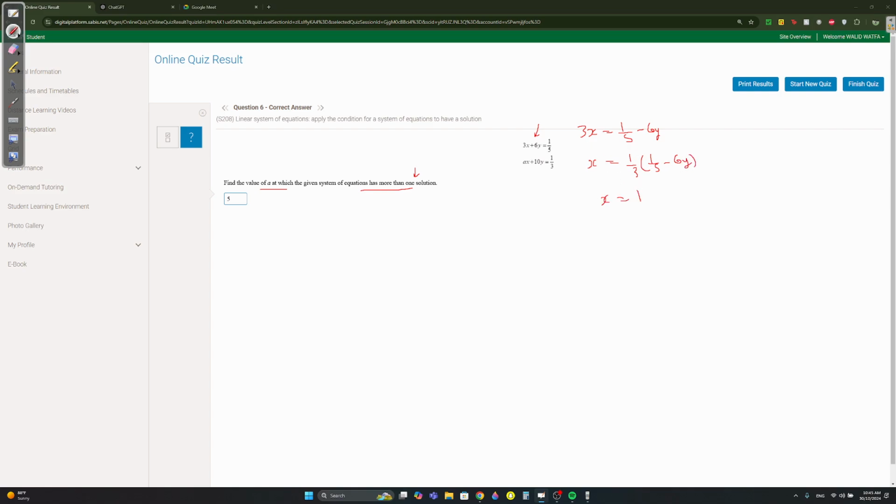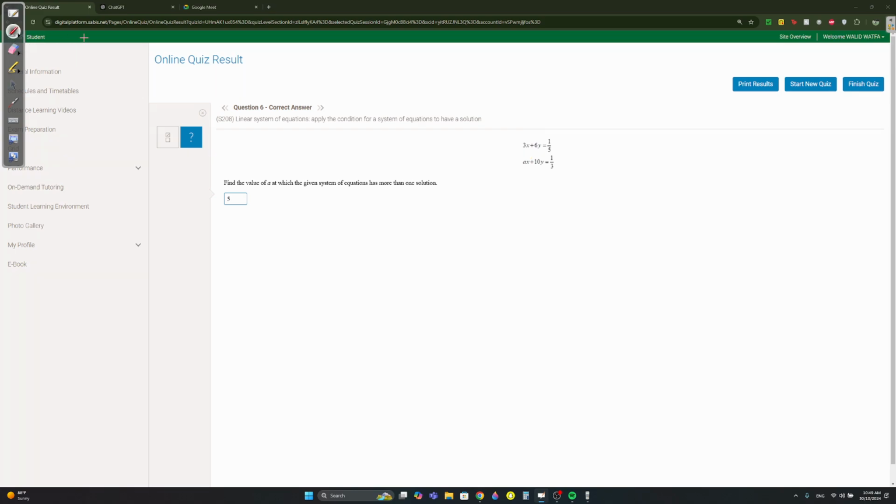So it's going to be 1 over 15 minus 18y. So here we're going to substitute 1 over 15 minus 18y. So a times 1 over 15 minus 18y plus 10y is equal to 1 over 3.